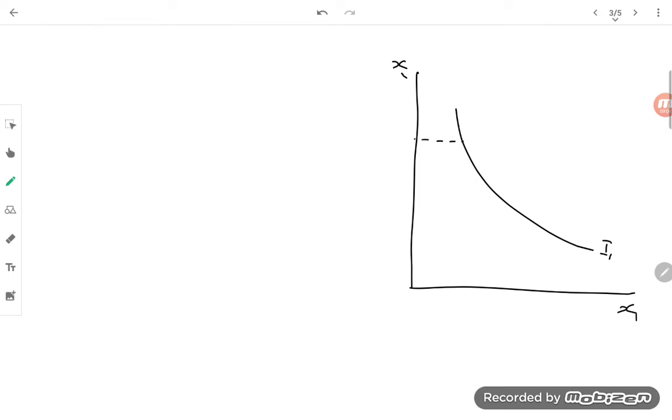It shows different combinations of X1 and X2 that give the same level of satisfaction or utility. Okay, so this is the indifference curve. What are the main assumptions of the indifference curve? Number one, that there are only two commodities.